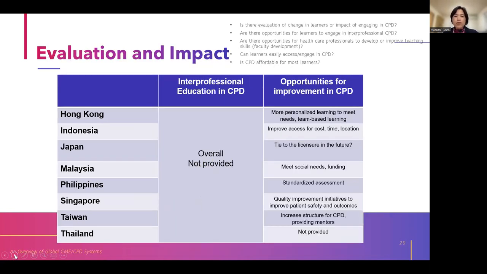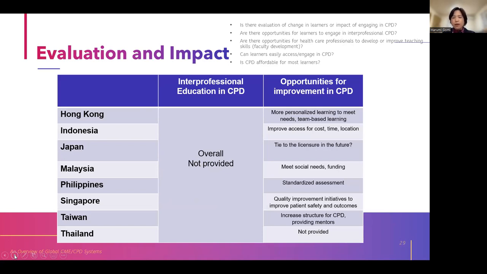What about interprofessional education in CPD and opportunities for improvement? In this region, most countries do not provide interprofessional education for CPD. For opportunities for improvement, each country has different unique opportunities. For example, in Hong Kong, the survey indicated that more personalized learning to meet needs and team-based learning need to be implemented. For Indonesia, access should be improved.